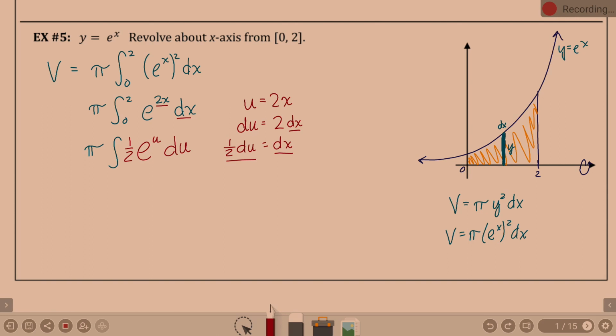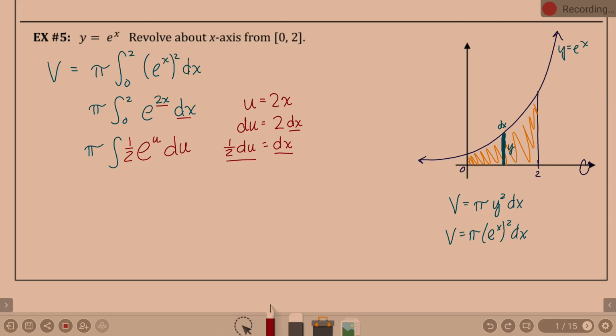You can pull that 1/2 up front, right? Yes, you can. That's fine. Definitely. What I was trying to decide here is, if I put boundaries right here, I have an option.